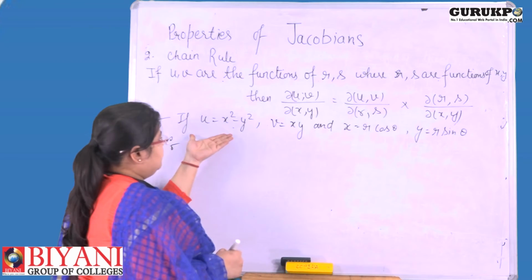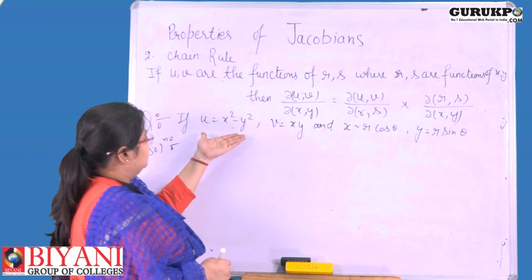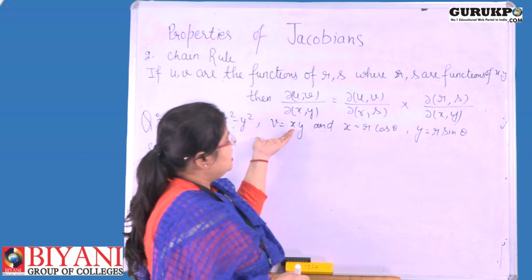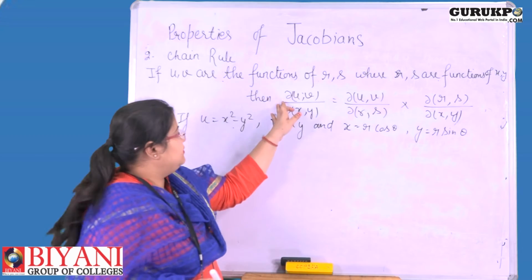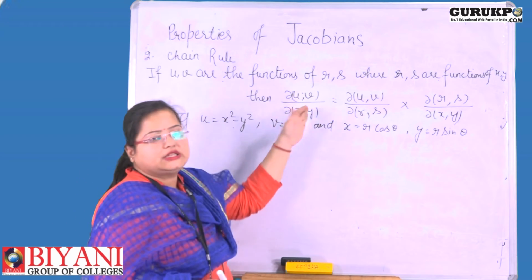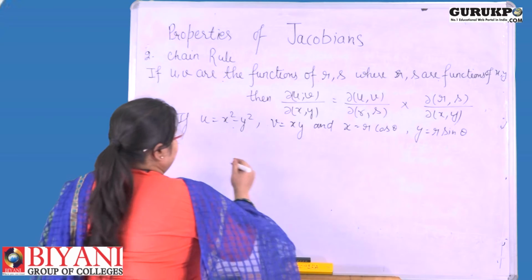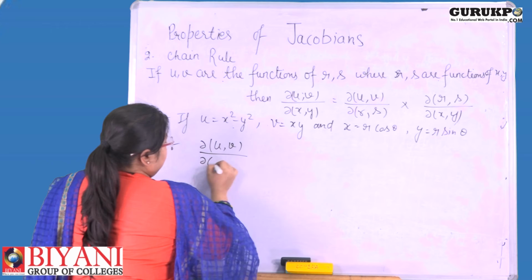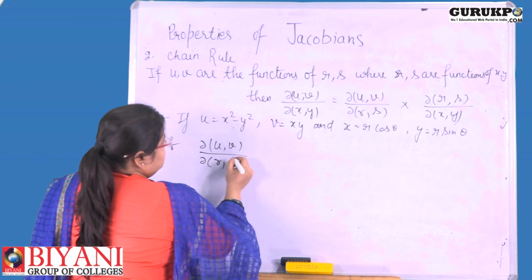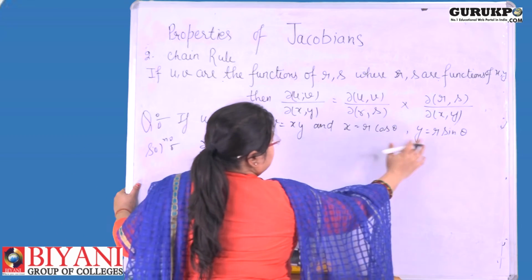For example, if this is the given question, u and v in terms of x and y, we have to find the Jacobian of u, v with respect to x, y, and then with respect to r and theta.